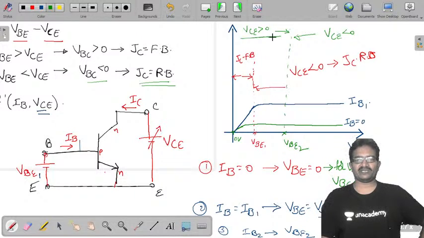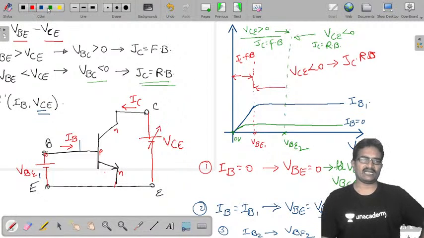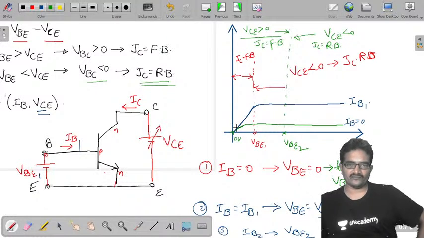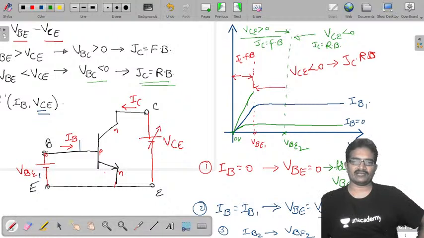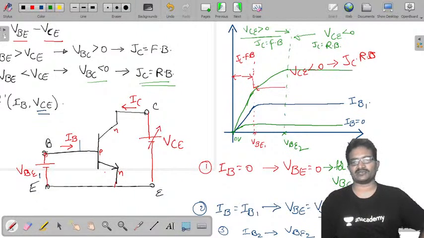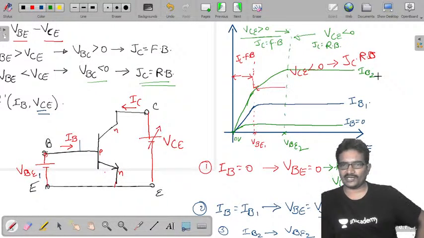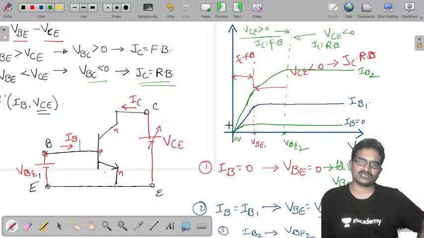That means during this period the collector junction is under forward bias, and during this region it is under reverse bias. Once it is under forward bias, current increases with voltage like this. After this, current is constant with respect to voltage. This is IB2.